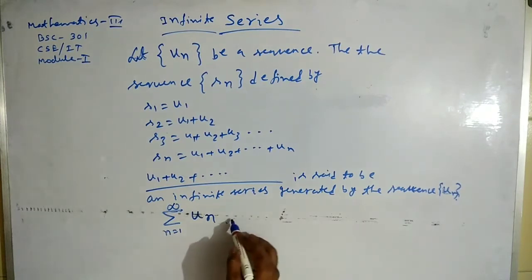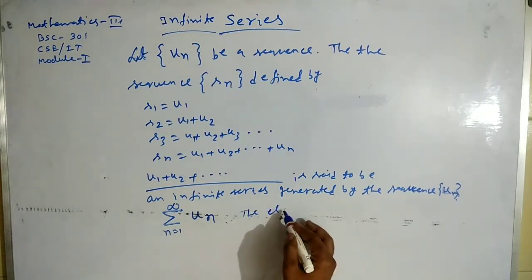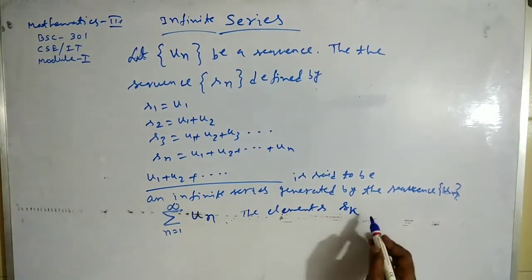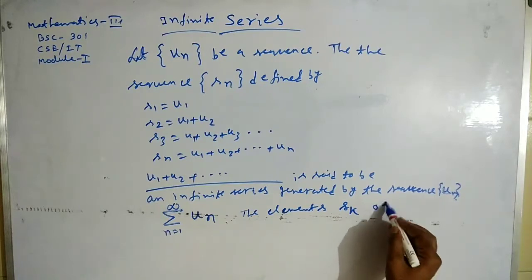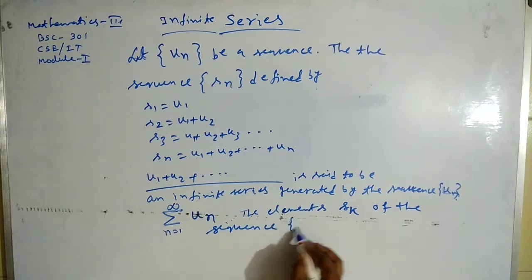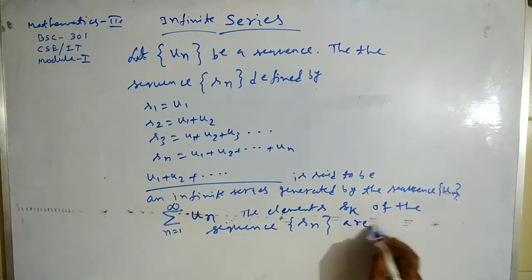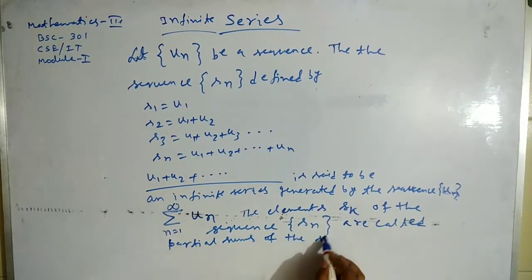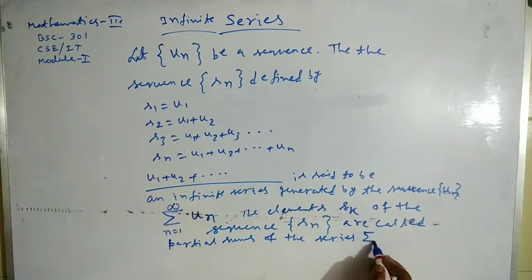So the elements Sk of the sequence Sn are called partial sums of the infinite series summation Un, n equal to 1 to infinity.